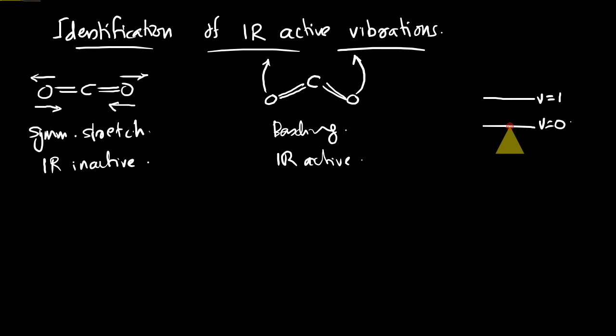When this excitation happens, we say it is IR active, meaning it can make a transition to an excited state. And the condition for this IR activity is that the vibration should be accompanied by a change in the dipole moment.